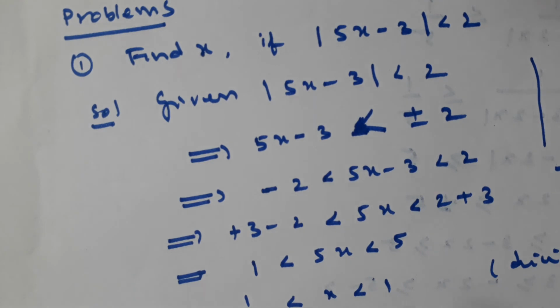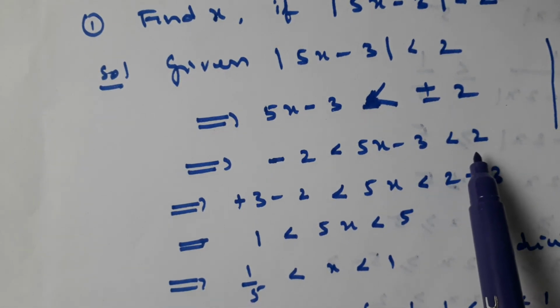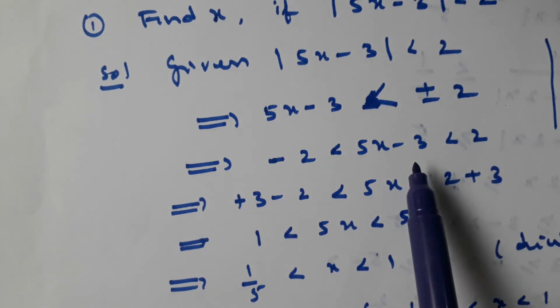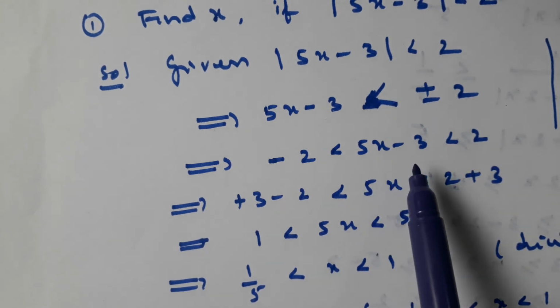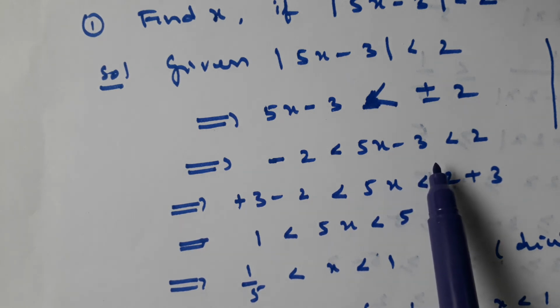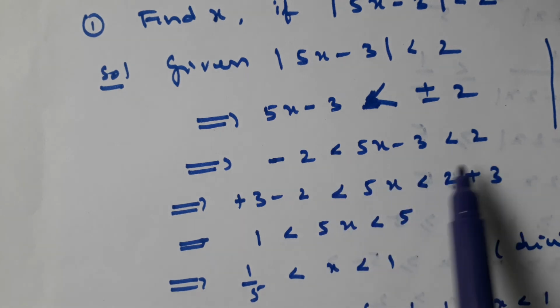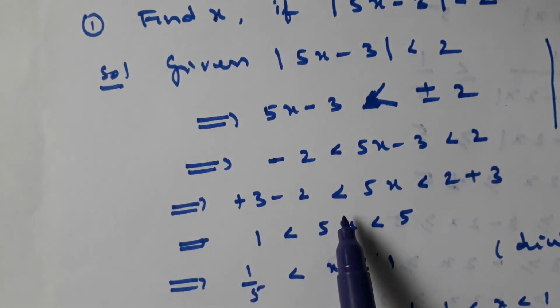In the similar way, minus 2 is less than 5x minus 3 is less than 2. One by one we can eliminate to find the x value. So minus 3 can be eliminated. How will it be true? Plus 3 can be added. So adding plus 3 throughout the inequality, the inequality sign does not change.